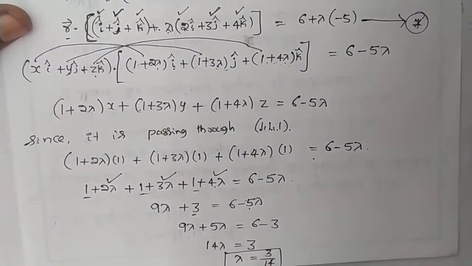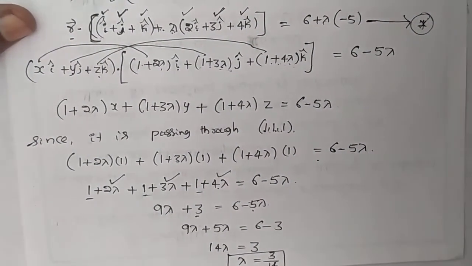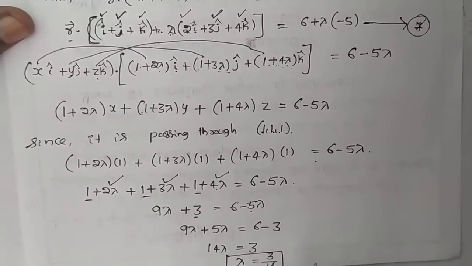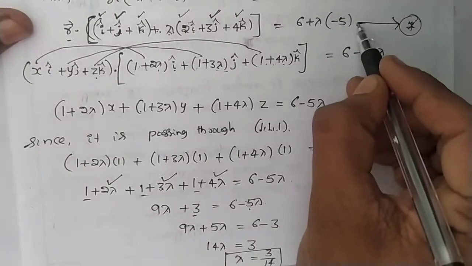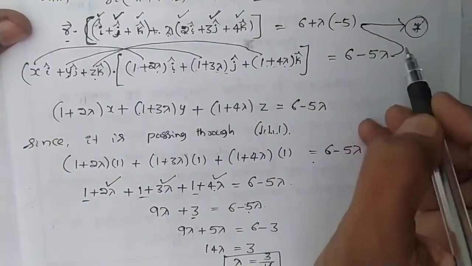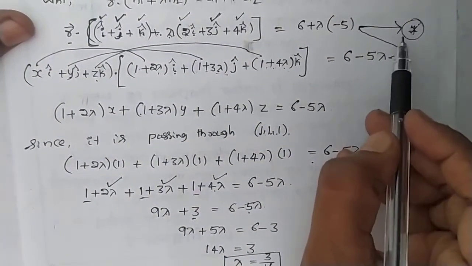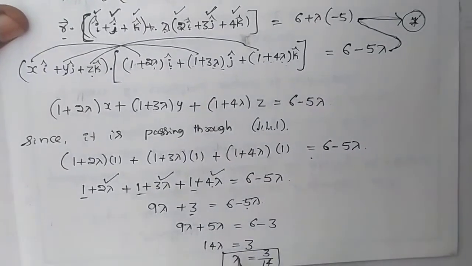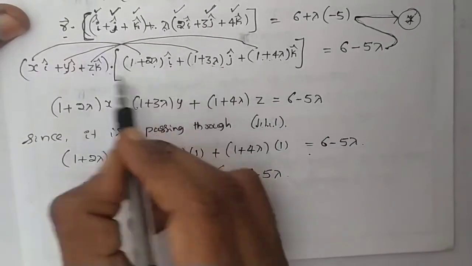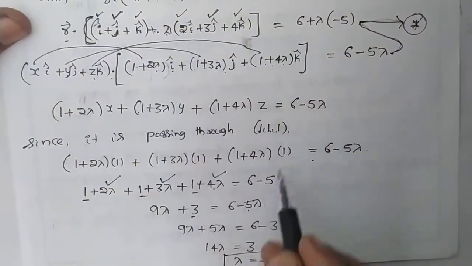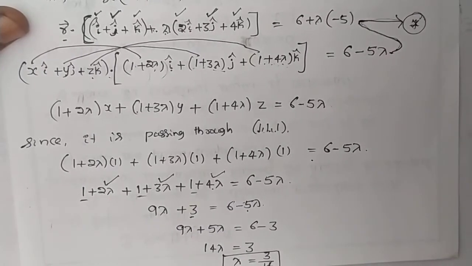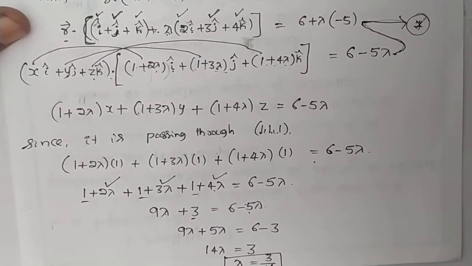Or you can take this one. Let us substitute the value of lambda in this equation. That will be the required equation of a plane in vector form.